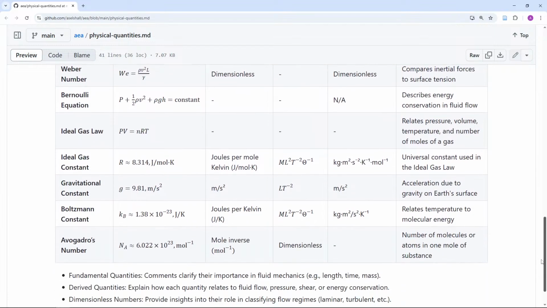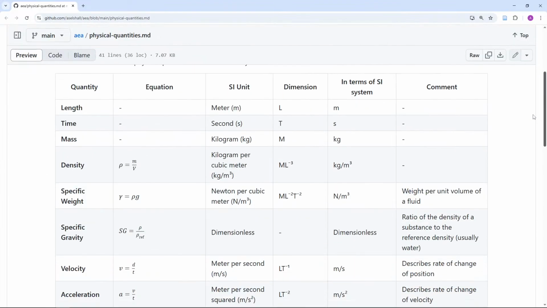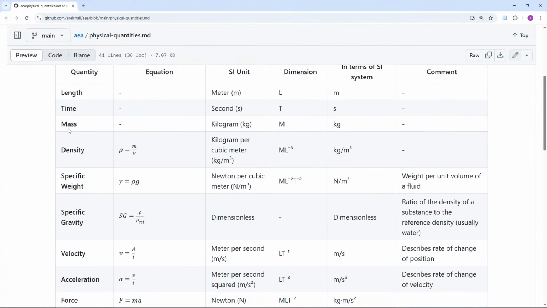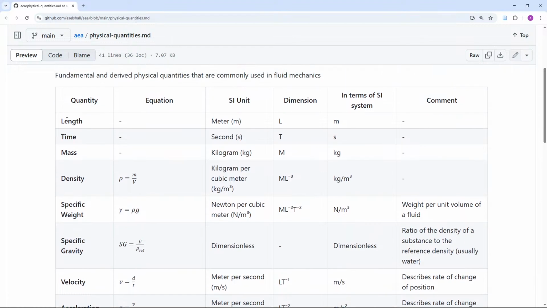So this is length, time, and mass. These are primary dimensions. The units of these could be anything. The SI unit, for example, is meter for length, second for time, and kilogram for mass. The dimensions that we generally use are LTM.